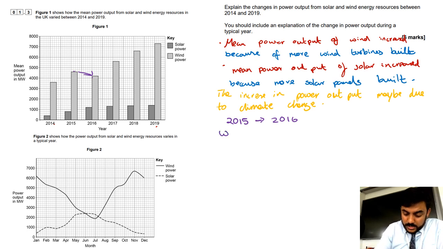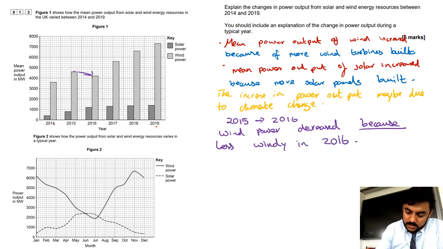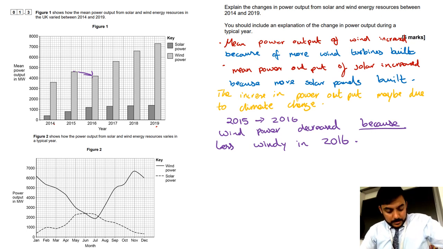Because remember, that's the key word, less windy. Those are statements that we're sort of making, and we're not fully sure about the less windy bit, but these first two statements we are very, very sure about.